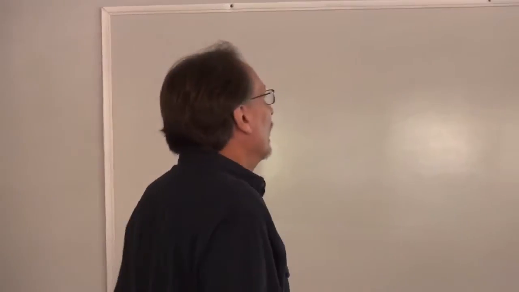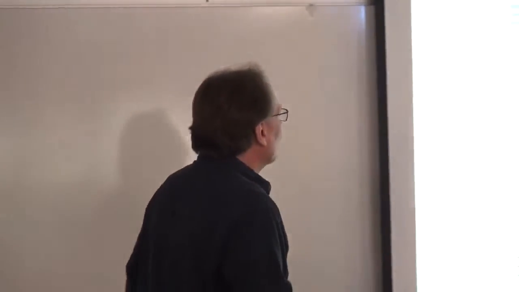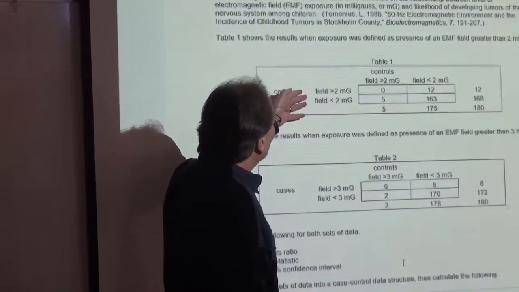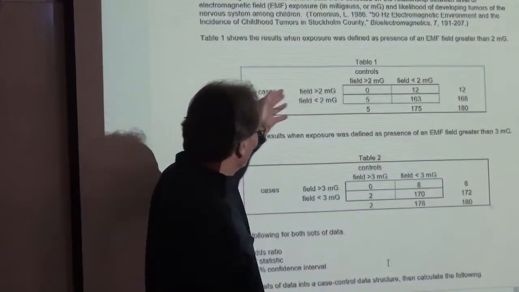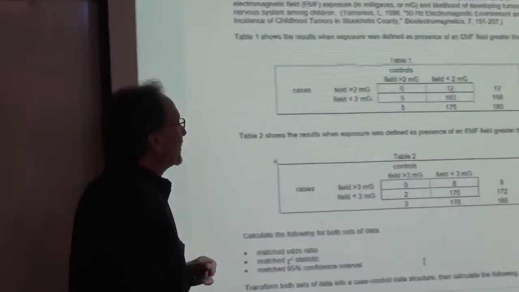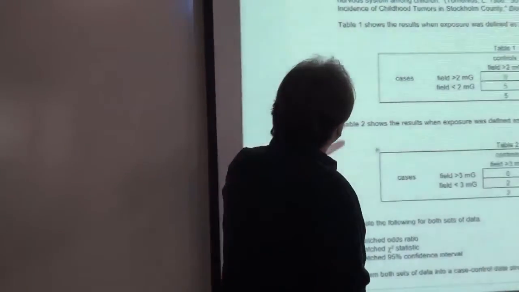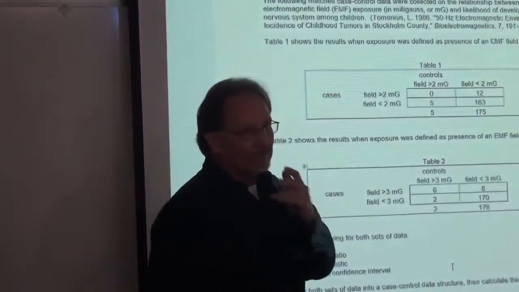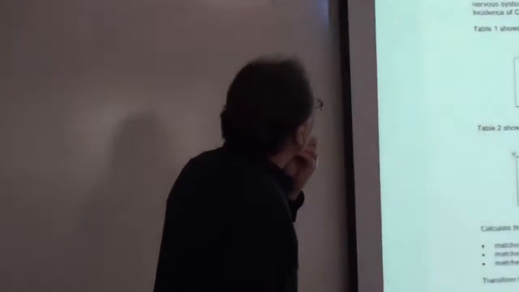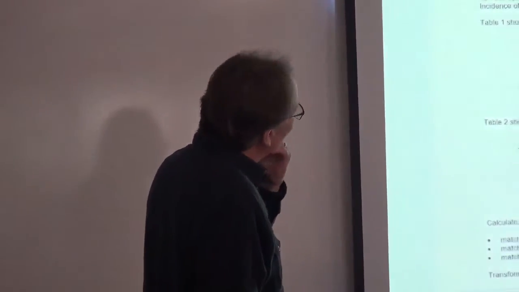The first table is fields above and below 2 milligauss, and table 2 is fields above and below 3 milligauss, and they wanted to see what the risk for childhood tumors was. Now, this was an '86 study.